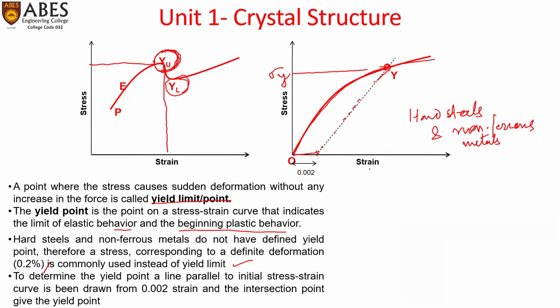To determine the yield point, a line parallel to the initial stress strain curve is drawn from 0.002 strain, and the intersection point gives the yield point.